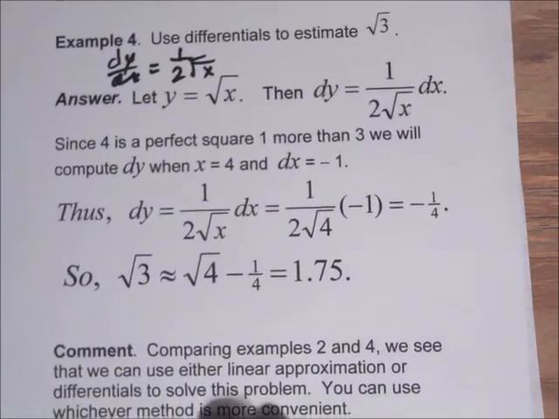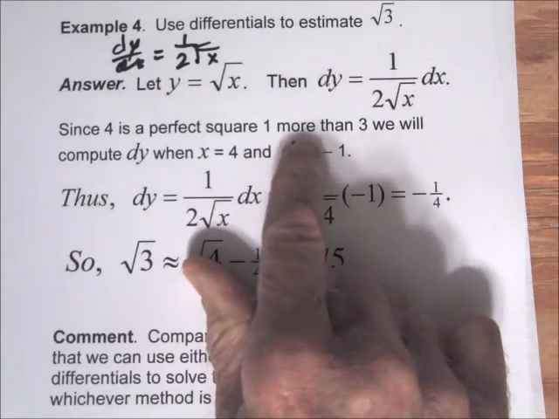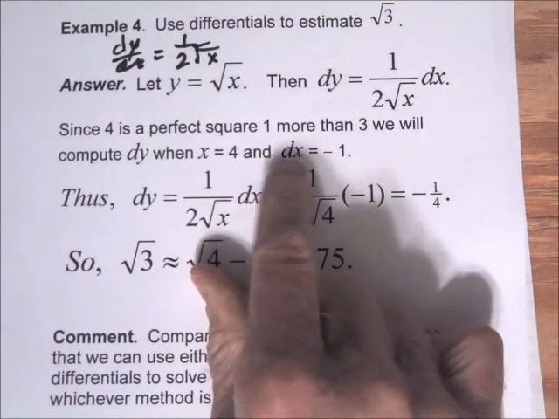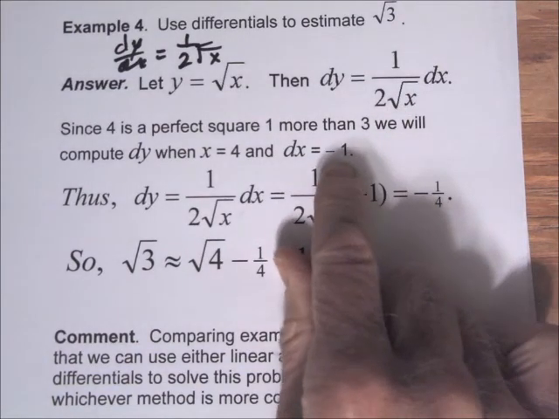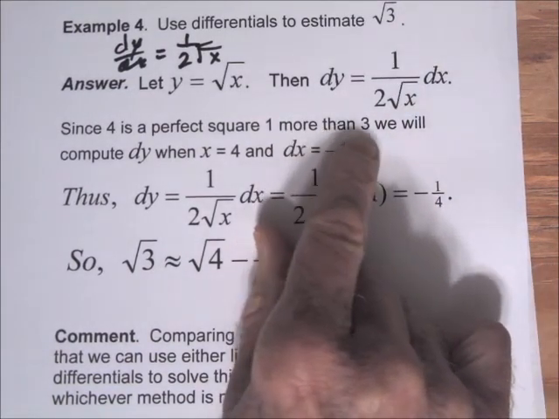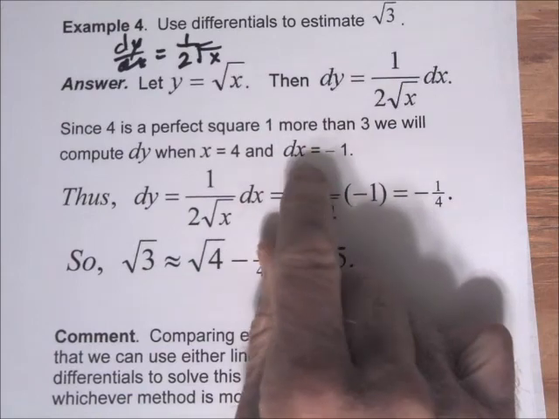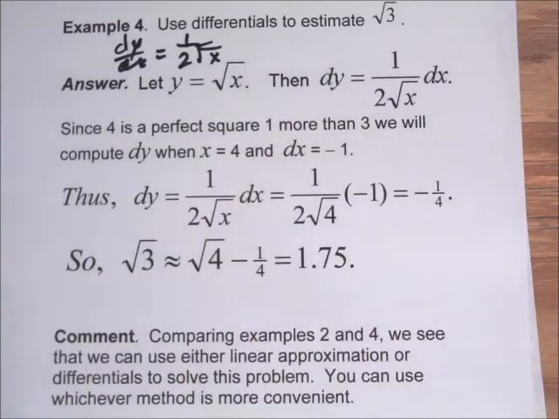Since 4 is a perfect square that is close to 3, we can let x equal 4. And because 3 is 1 less than 4, we can take dx to be negative 1.